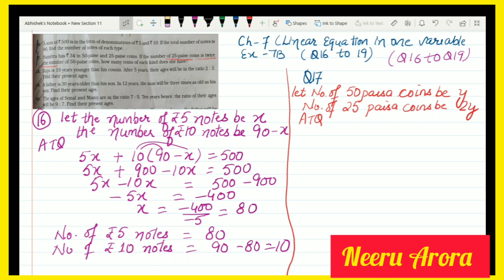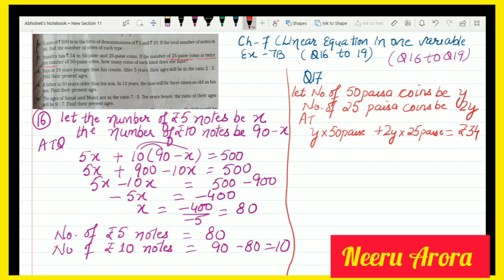So it is 50 into y paisa plus 2y into 25 paisa, and this is equal to rupees 34.